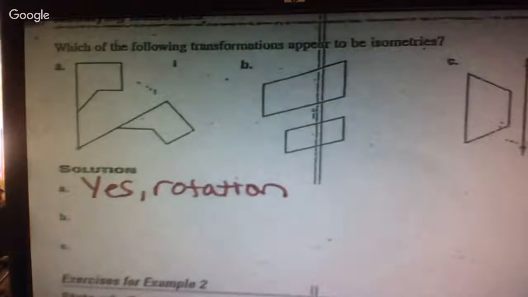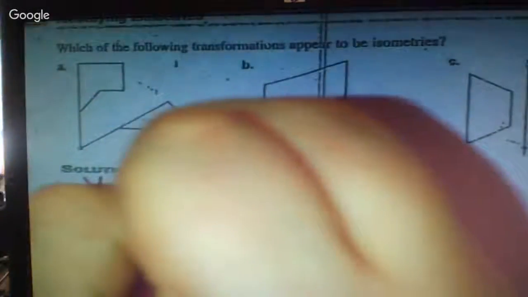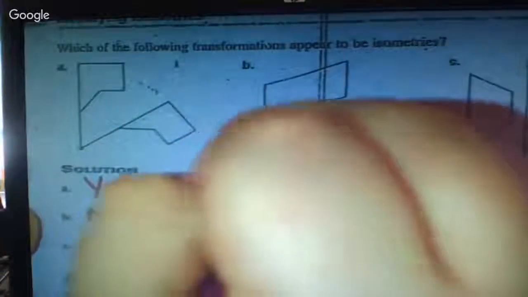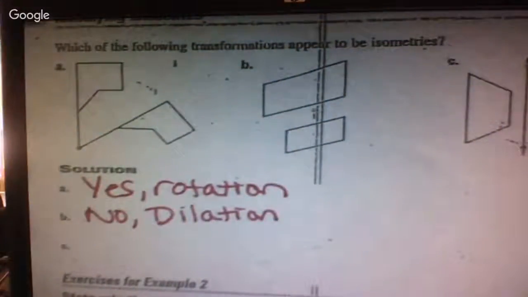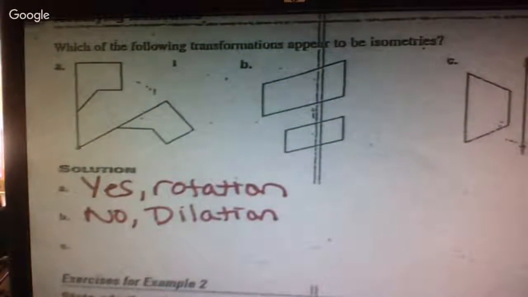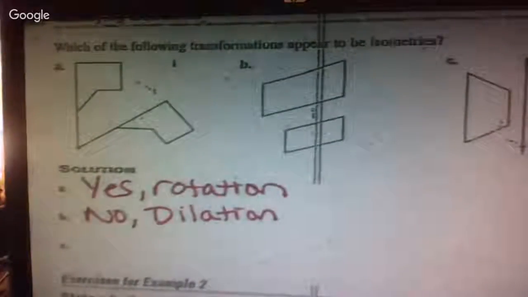Is B an isometry? No. This is the only one we really haven't talked about yet. This is a dilation. Is C an isometry? Yes. What is this? Reflection.